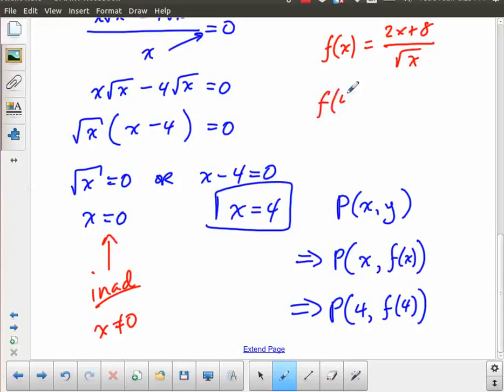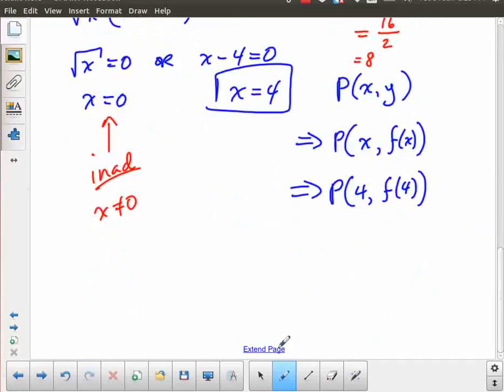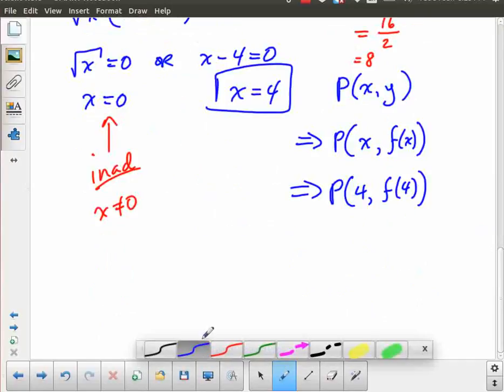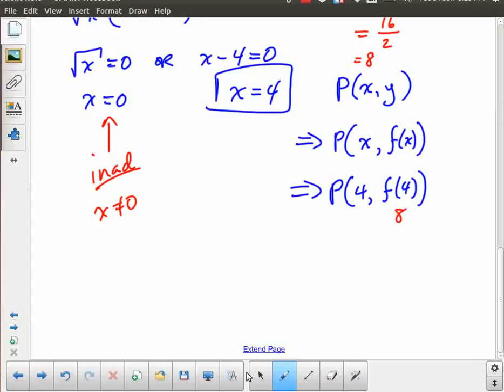So that means f of 4 is equal to 2 times 4 plus 8, divided by the square root of 4. 2 times 4 plus 8: 8 plus 8 is 16, over the square root of 4, which is 2. So I end up with a value there of 8.